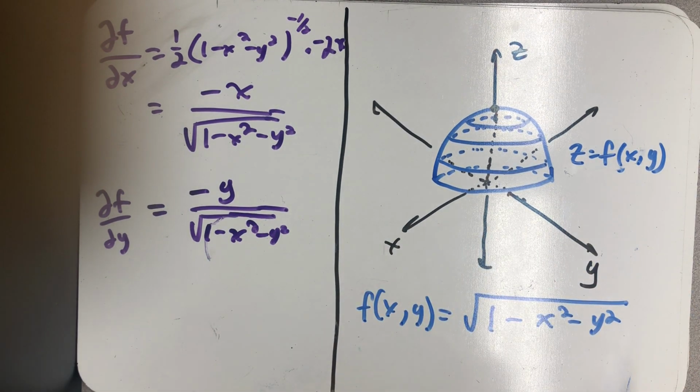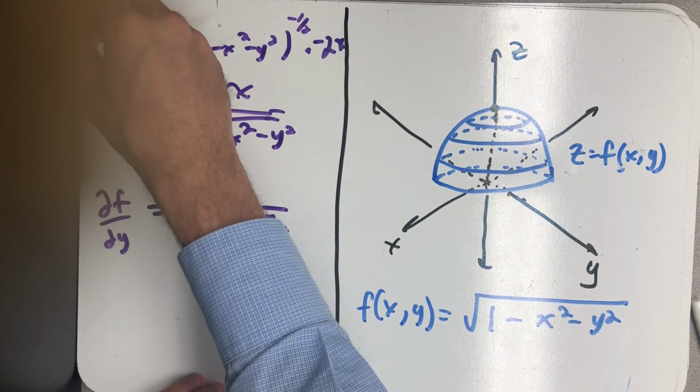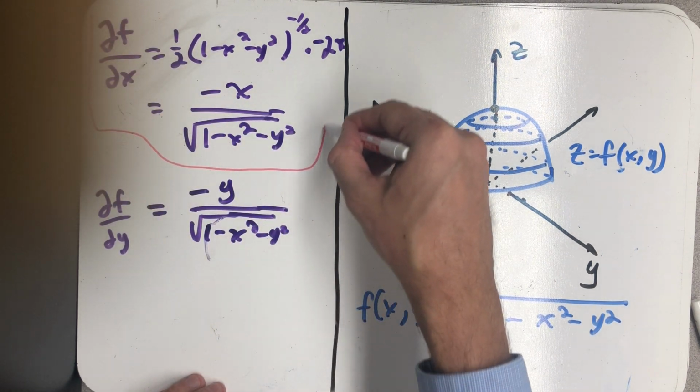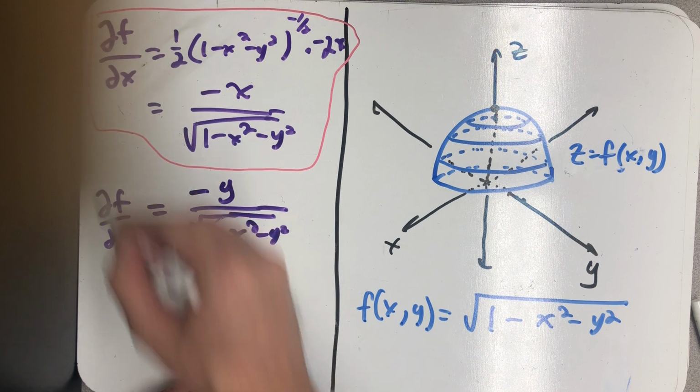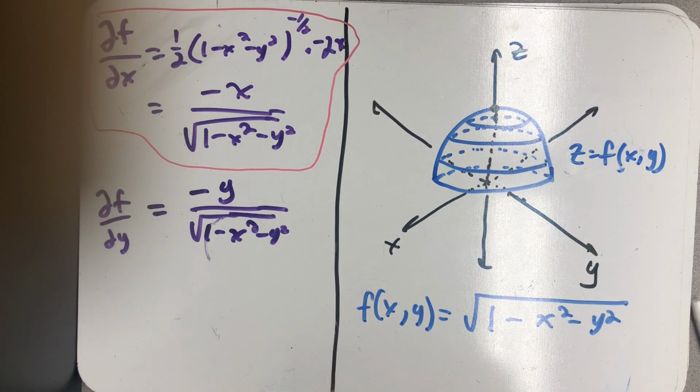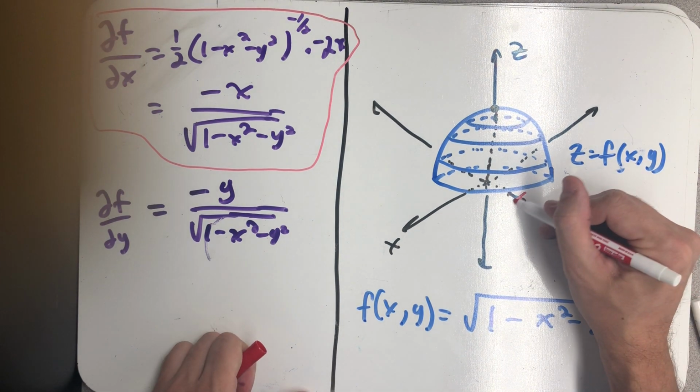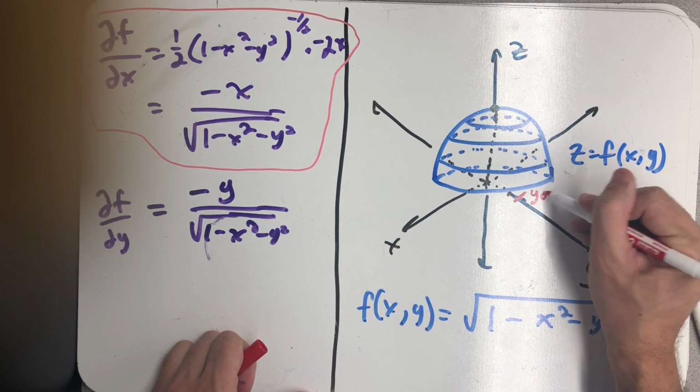Well, I have a graph here, and these definitions should have something to do with something going on in this picture. Well, let's think about the partial with respect to x. That is calculated treating y like a constant. So let's treat y like a constant. I'm just going to call that constant y naught, right?